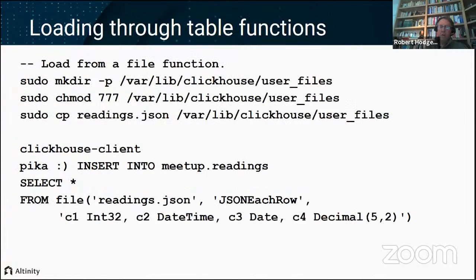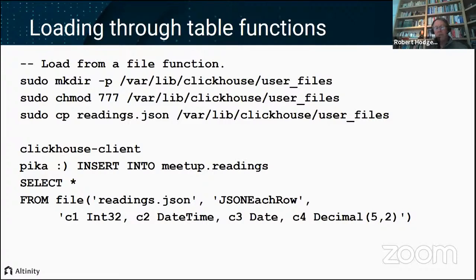There's another interesting way that you can read data, and that's through what are called table functions. This is an example of what's called a file table function. It looks inside ClickHouse like a table, but it's really reading from a file. In this particular case, it's reading from a file called readings.json. The format is JSON each row.